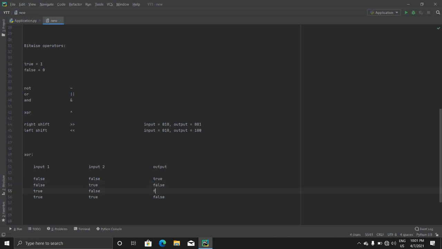And this is also false because this is the same as the previous values. Now lastly, we supply true for both inputs and we get true. Then you can see this, then you can understand this behavior.